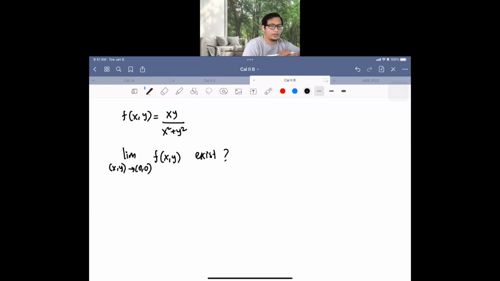If we are doing this, the first thing we can do, because it's going to the origin (0, 0), is use x equals 0 or y equals 0 as our path.